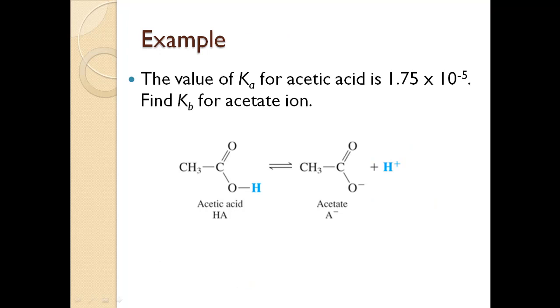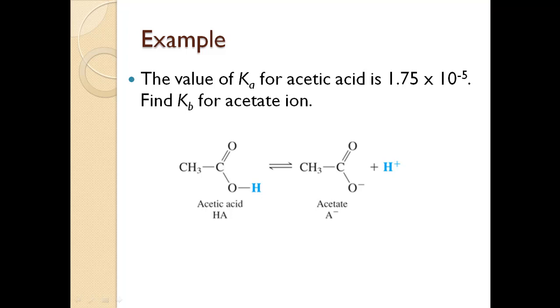So as an example, let's find the value for Kb if we know that the Ka for acetic acid is 1.75 times 10 to the negative 5. Since I know the relationship between the Ka and Kb, it's related to the equilibrium constant of water, I'm going to say 1.0 times 10 to the negative 14th is equal to Ka times Kb.